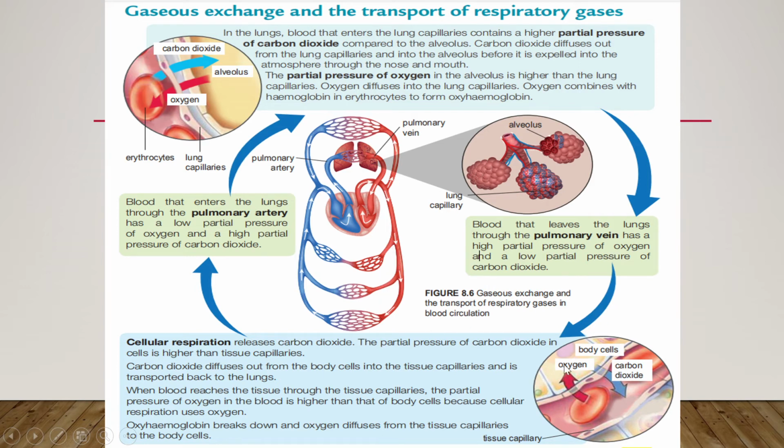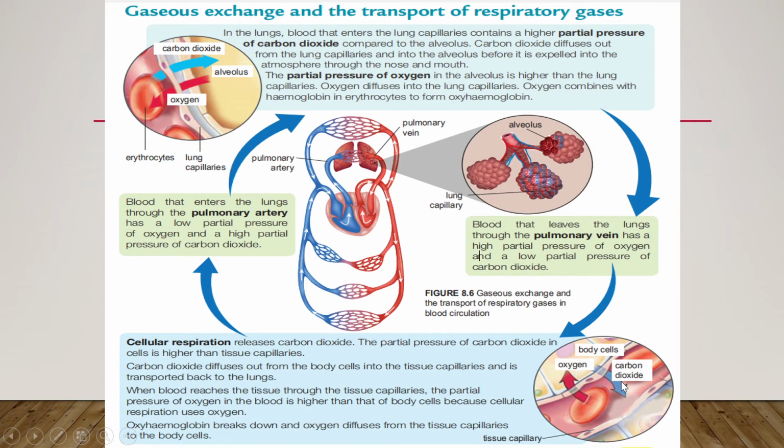Upon reaching the cells, you get to see again these two regions. We have the body cells versus the tissue capillaries, the network of blood capillaries surrounding the body cells, just now.